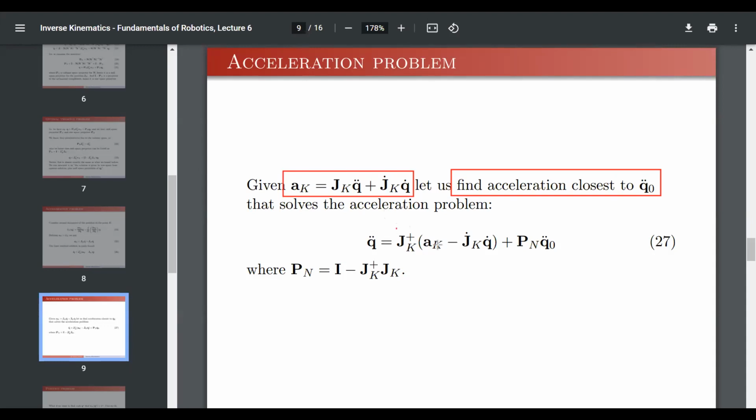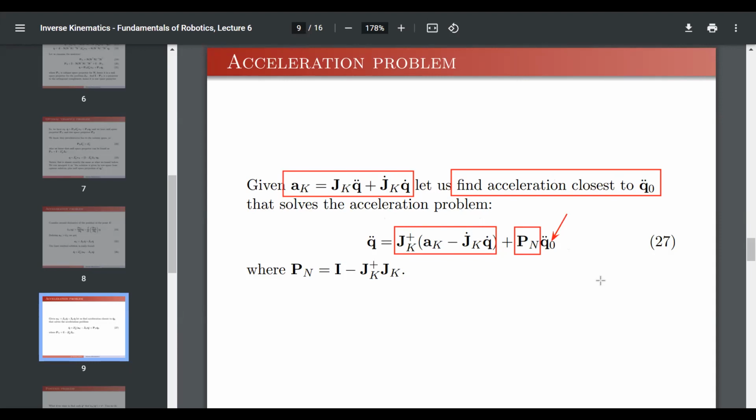So this is a row space solution, so pseudo-inverse solution. And this is a projector onto the null space of JK. And that here is your acceleration you're supposed to be closest to.